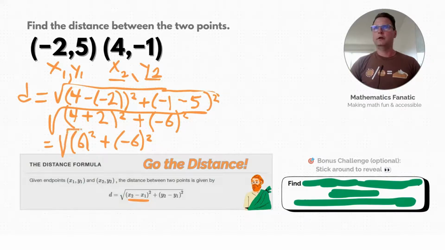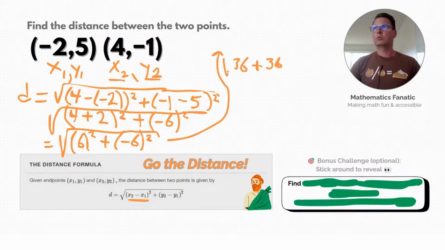Square root all of that. Okay. 6 squared is 36. What about negative 6 squared? Squaring a negative gives us a positive, right?